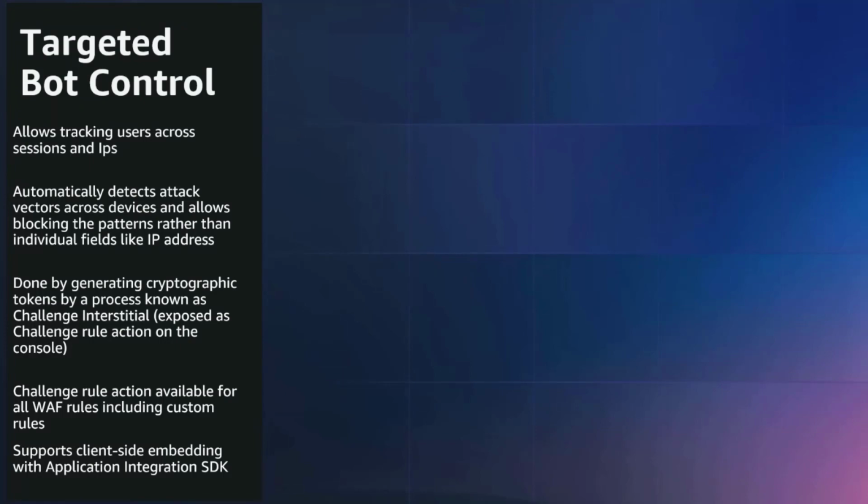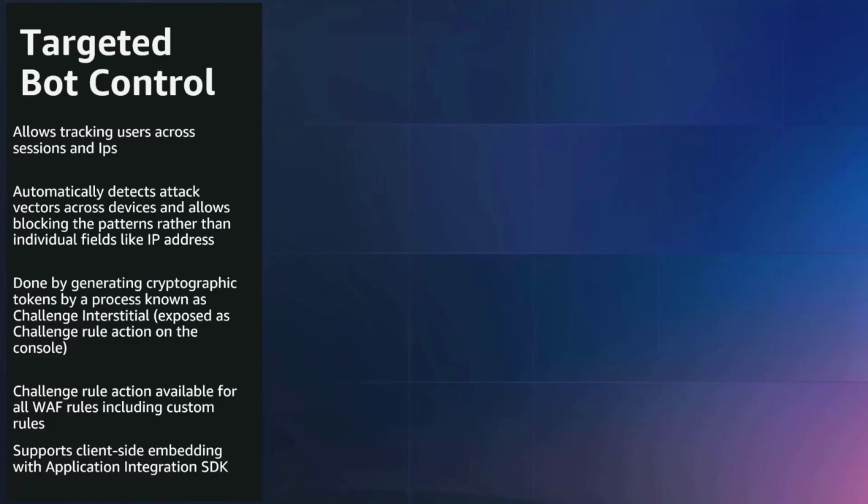These protections target these bots using a combination of rate limiting, CAPTCHA, and background browser challenges. Typically, on the console, their names begin with a TGT prefix.